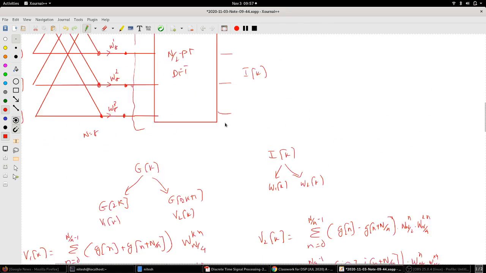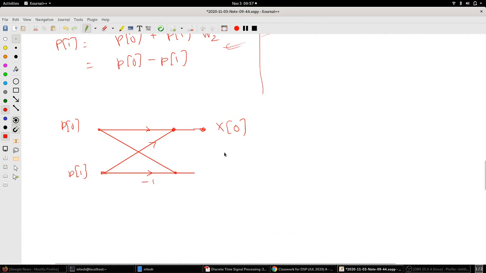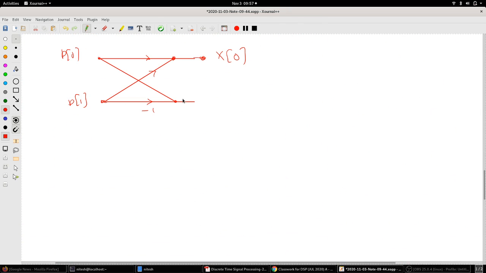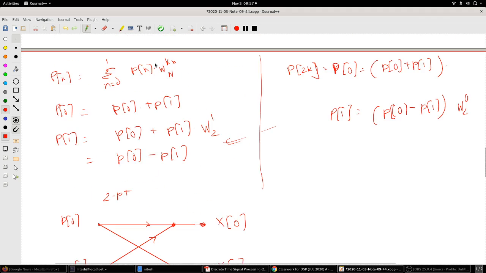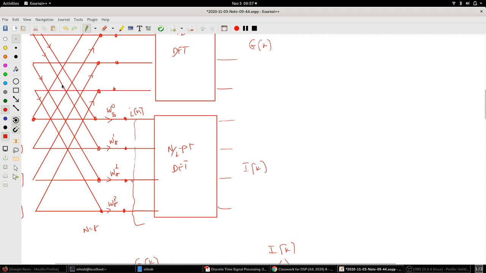I think I forgot the minus ones here. Let me just come back here, into W0 of 2 gives me x of 1. Okay, so this is a 2-point butterfly structure. So here again I think I missed this.